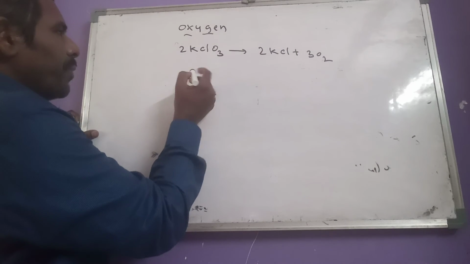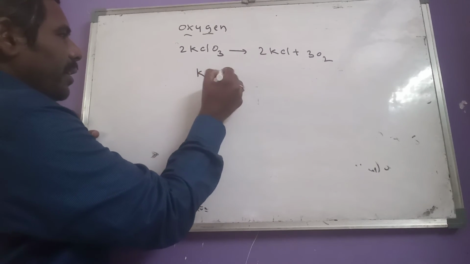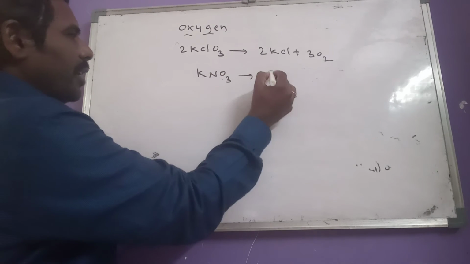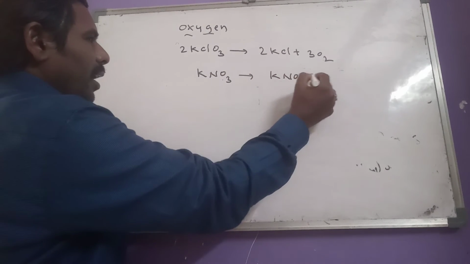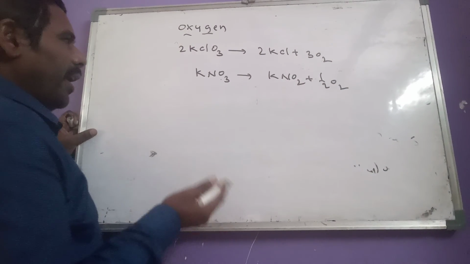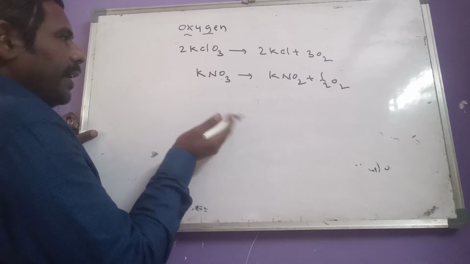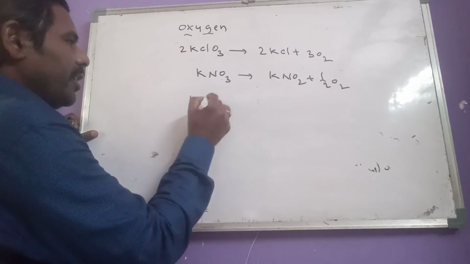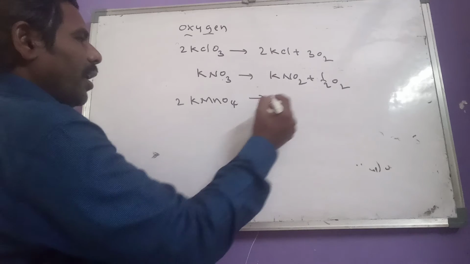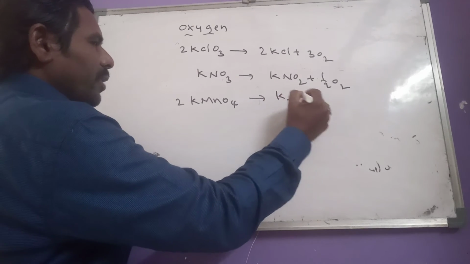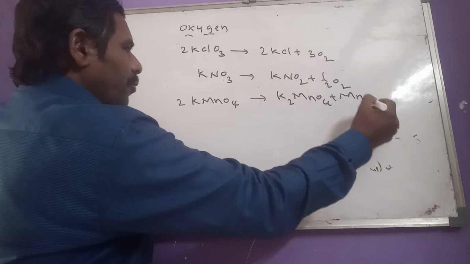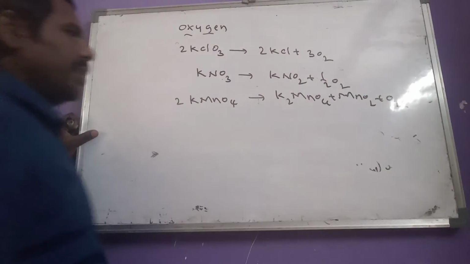Also by thermal heating of nitrates, potassium nitrate on heating produces oxygen. And thermal decomposition of potassium permanganate, KMnO4 on heating produces potassium manganate plus MnO2 plus oxygen.